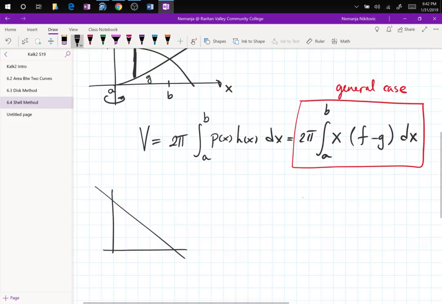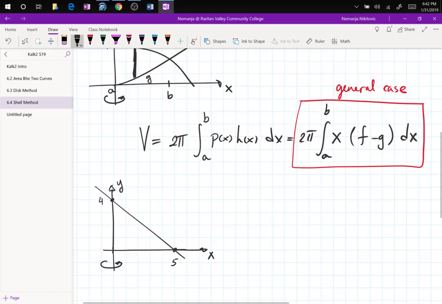This triangle has the height of 4 and a width of 5. And we learned that we are supposed to rotate this on y-axis if we want dx.